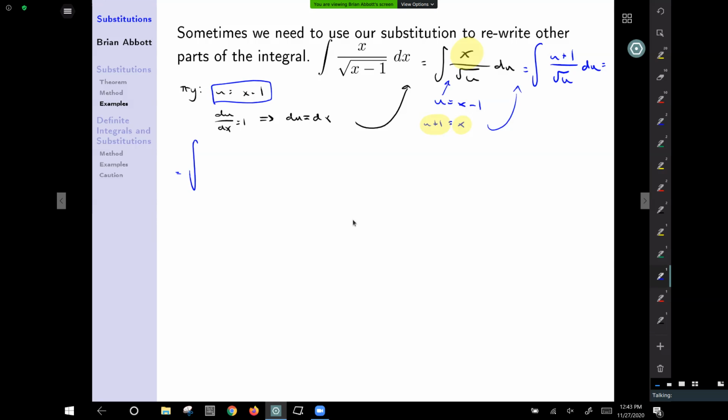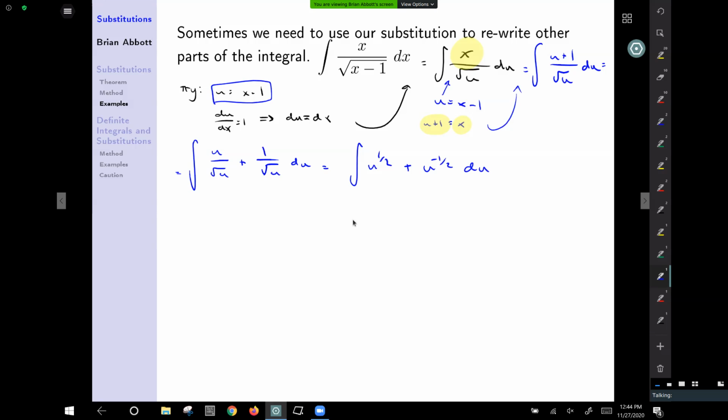Okay, so looking at the square root of u as a common denominator, you have u over the square root of u plus 1 over the square root of u. You kind of undid that addition there. And now tidying up the algebra here, u over the square root of u is u over u to the 1/2, which becomes u to the 1/2 power. And then the second one is u to the negative 1/2 power for similar logic.